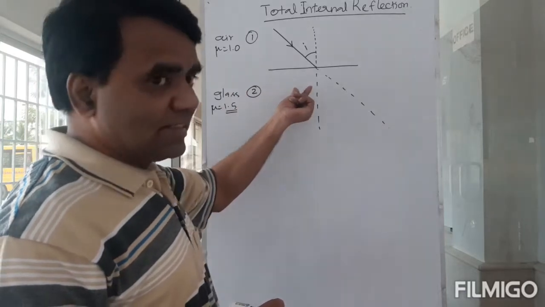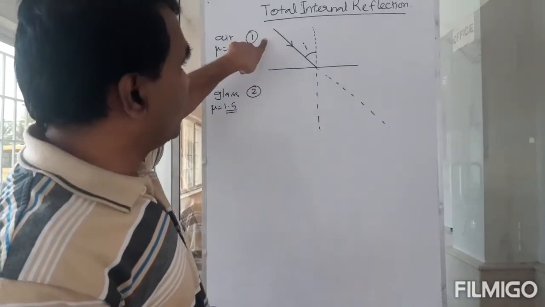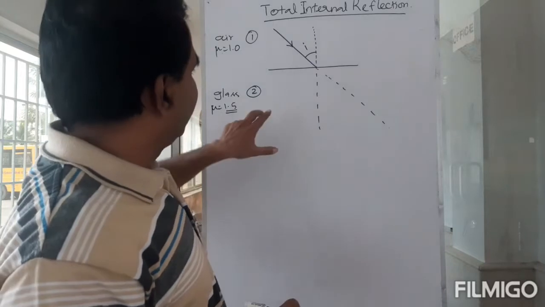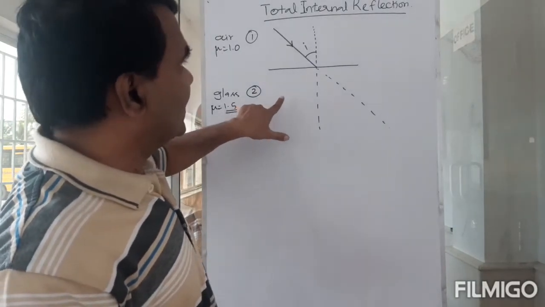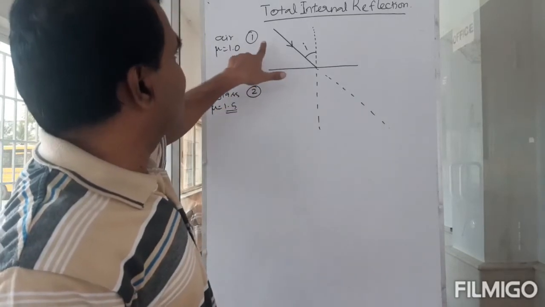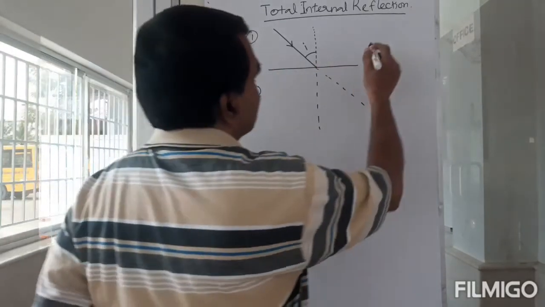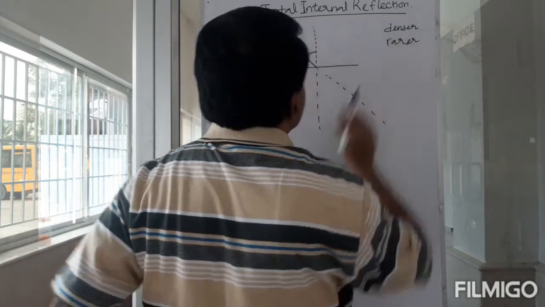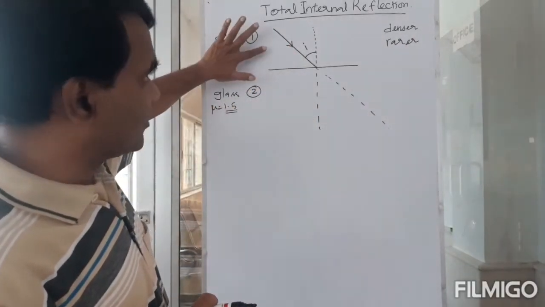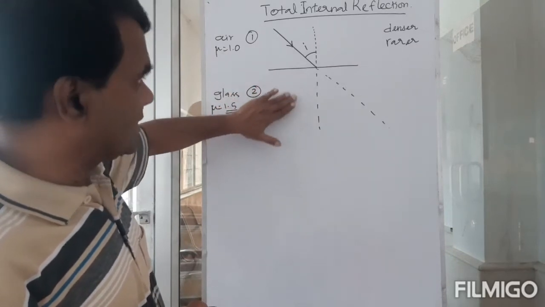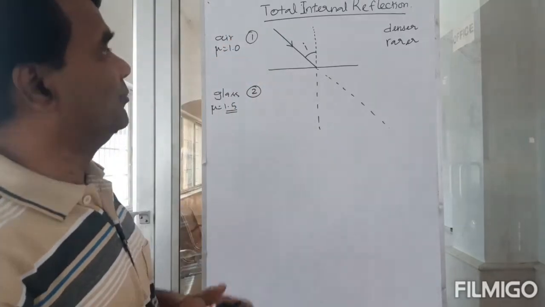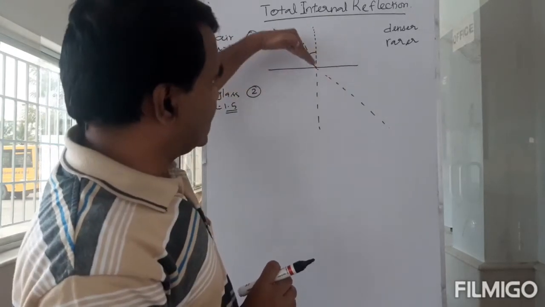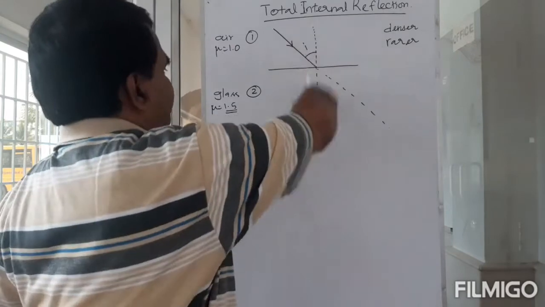If medium 2 is denser than medium 1, then light will bend towards the normal.